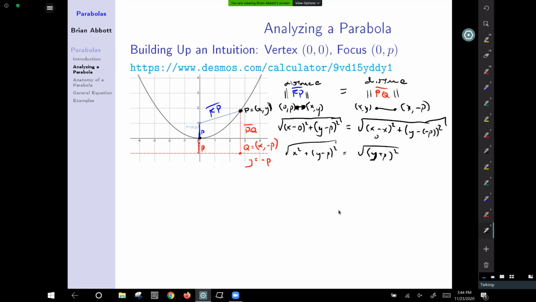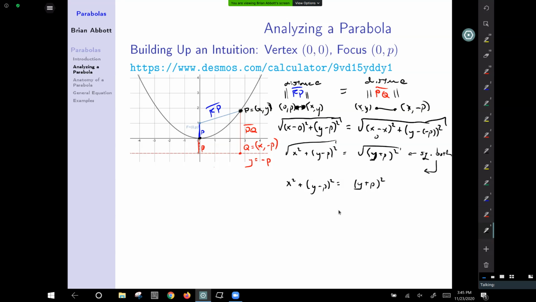And we're just playing with stuff, seeing where it goes. We're going to try and come up with a generic formula here. Okay, so what do we have now? I don't like the square roots, so we're going to square both sides. And that means we're going to get just what's underneath the root: x squared plus y minus p quantity squared equals y plus p quantity squared. And we've dealt with those roots.